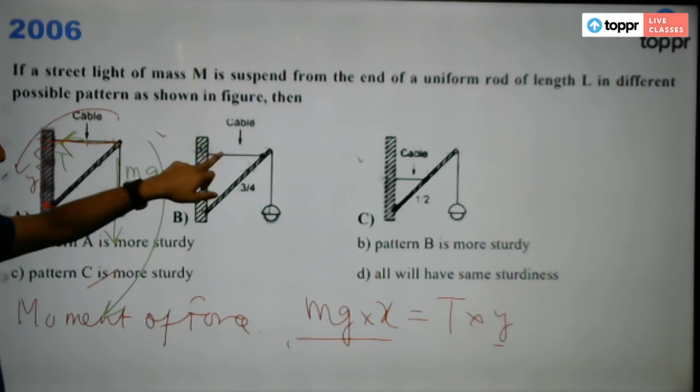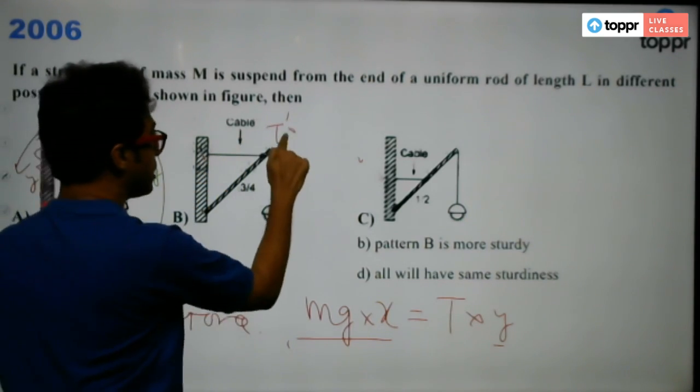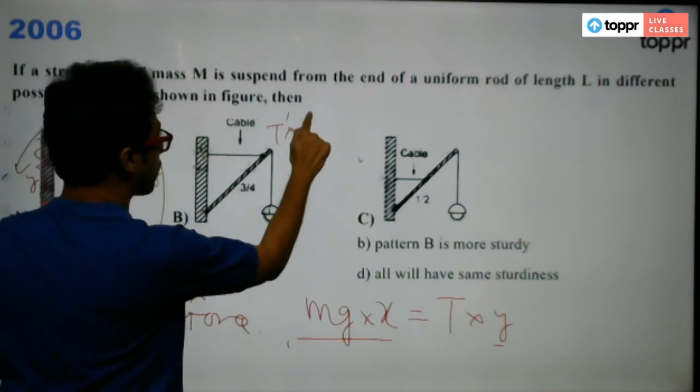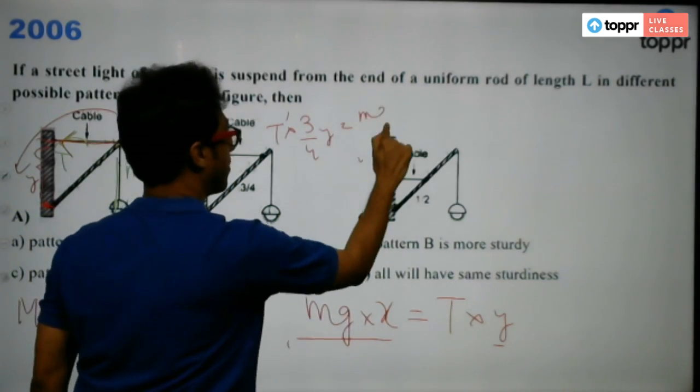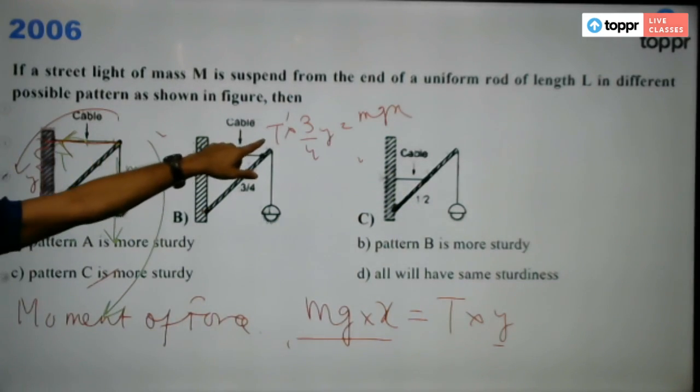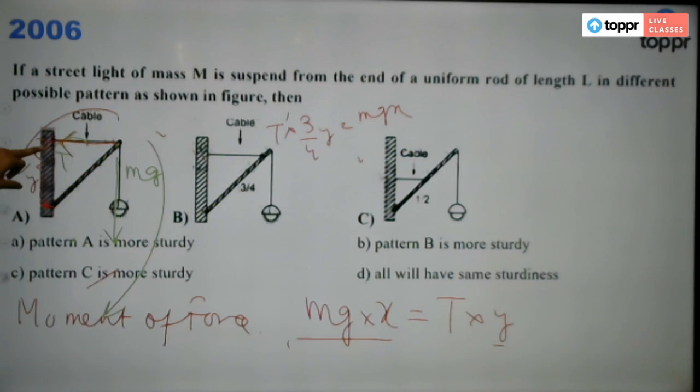So here T dash will be more. Suppose T dash into 3/4 y will be equal to mgx. So here tension is more, here tension is still more, so tension is minimum in this. So this is the most stable structure.